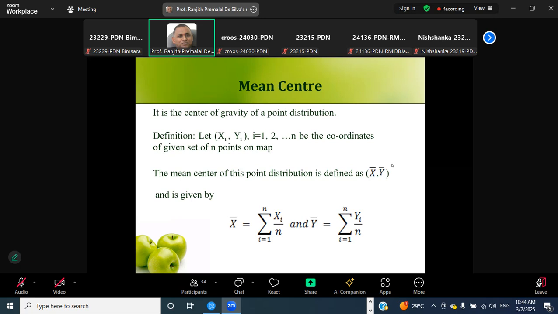So it's very simple. It's like calculating two separate means. You calculate the x mean and you calculate the y mean. And that is the mean center. That is how you get the mean center.